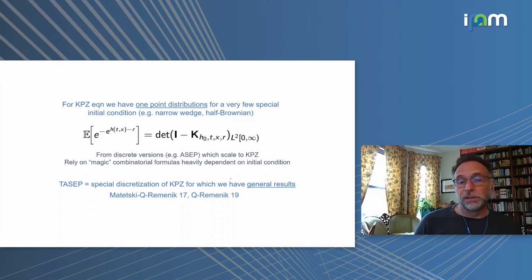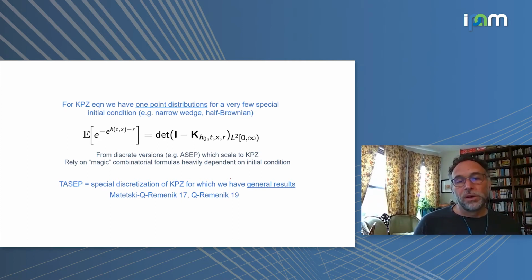It's not known if there are formulas like this for other models. These formulas are extremely special, and they rely on finding related formulas in models like ASEP. I'll be describing these models in a second, which approximate the KPZ equation. And in those models, they rely on magic combinatorial formulas, which are extremely dependent on the initial conditions. So it's not known if these formulas are very general.